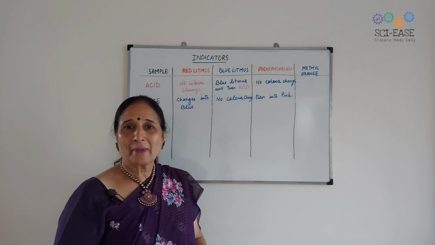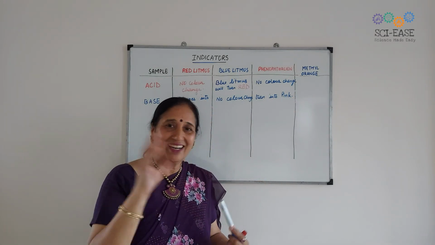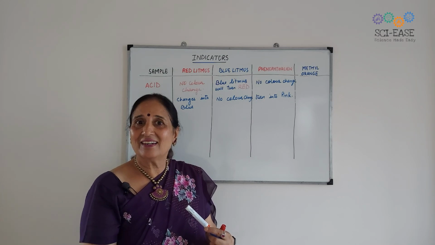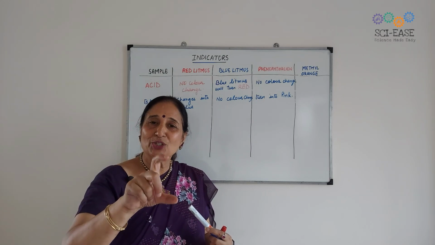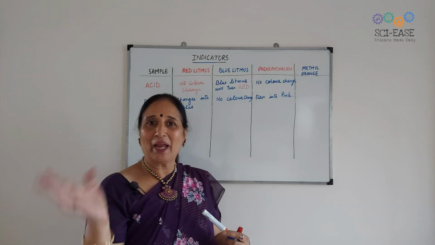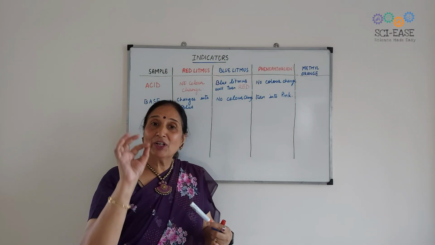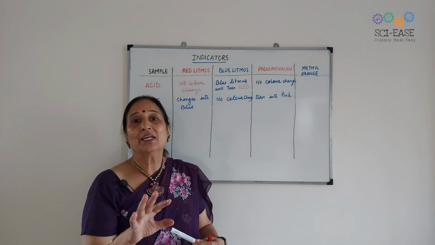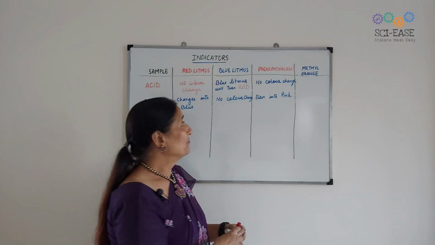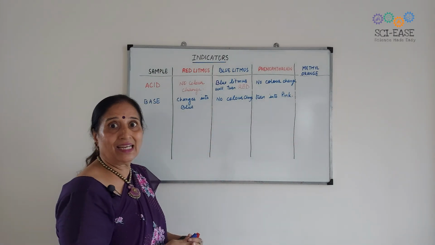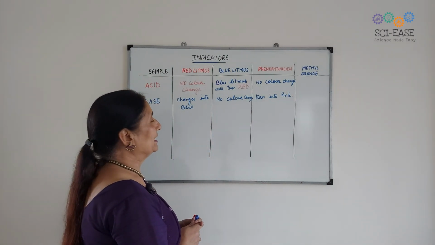Okay? So this is again the indicator because there is a change in the color. So in the basic solution, when phenolphthalein is added, it will turn to pink. But when phenolphthalein is added to the acidic solution, there will be no color change. Now next is methyl orange. This is again a synthetic, you can say, indicator.